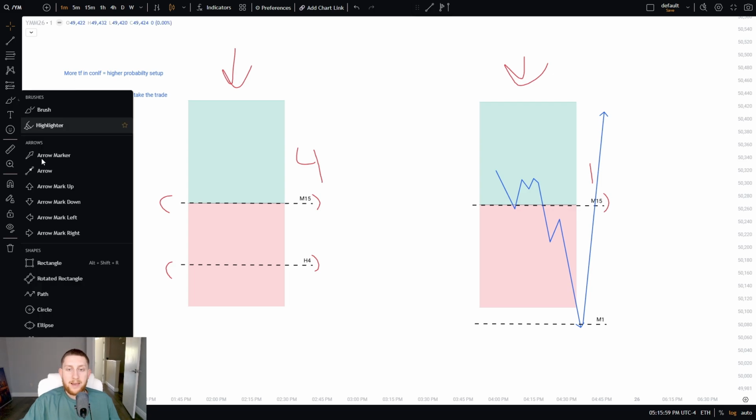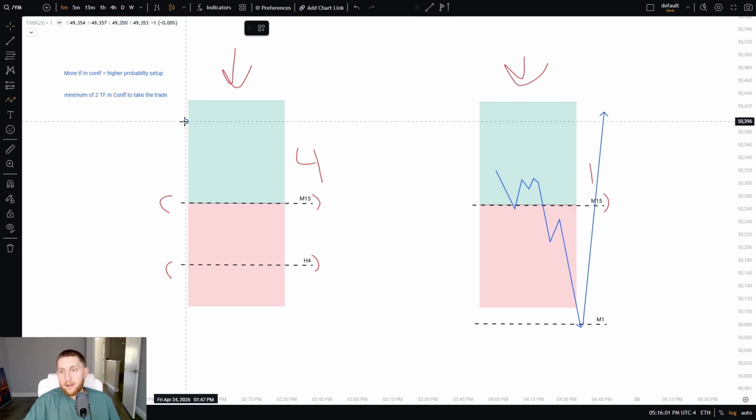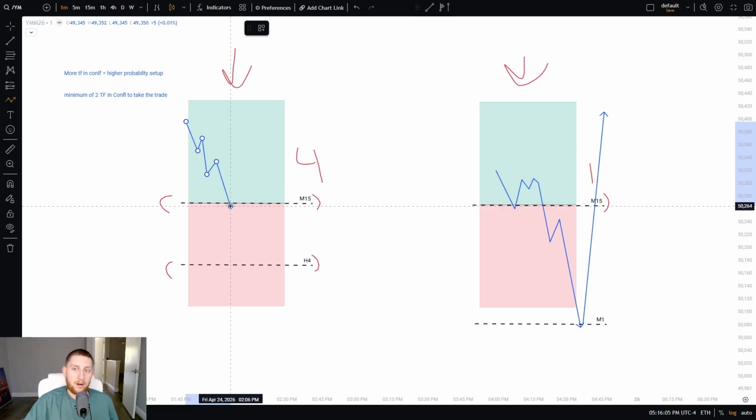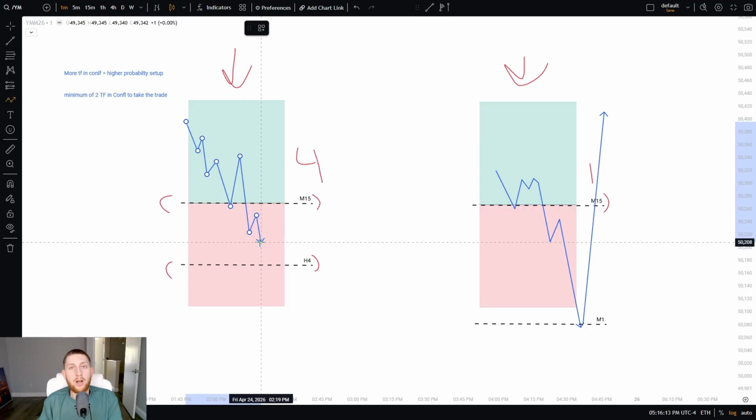If price is making its way down, we tap into the level that we would be getting our entry from. And let's say it doesn't bring us all the way to profit, which a lot of times it does. Now we have a target where, okay, we're in some drawdown, but we know that price is most likely going to move to that next level of demand, which would be the H4 in this example.